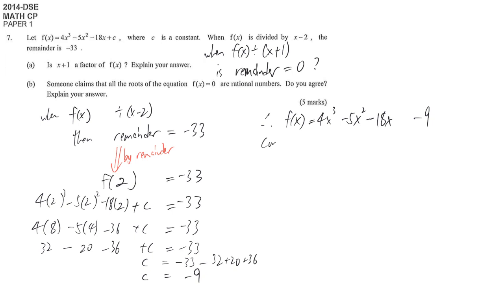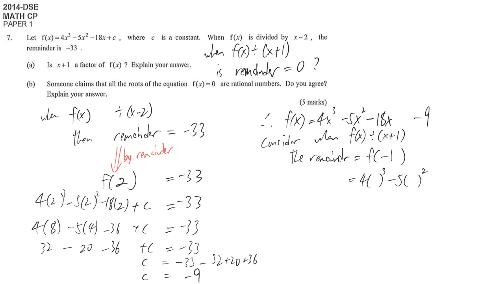So we consider when f(x) is divided by x plus 1, the remainder is equal to f of a suitable x. By the remainder theorem, again, put a suitable x to make the divisor become 0. That's why we choose negative 1 in this case.